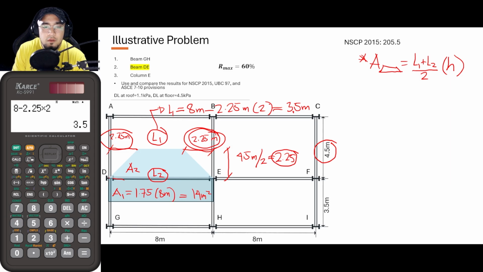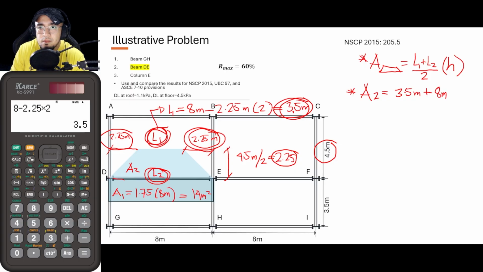Okay, so solving for A2, or the area of the trapezoid: it is equal to L1, 3.5 meters, plus L2 of 8 meters, divided by 2, times the height of the trapezoid, which is 2.25.